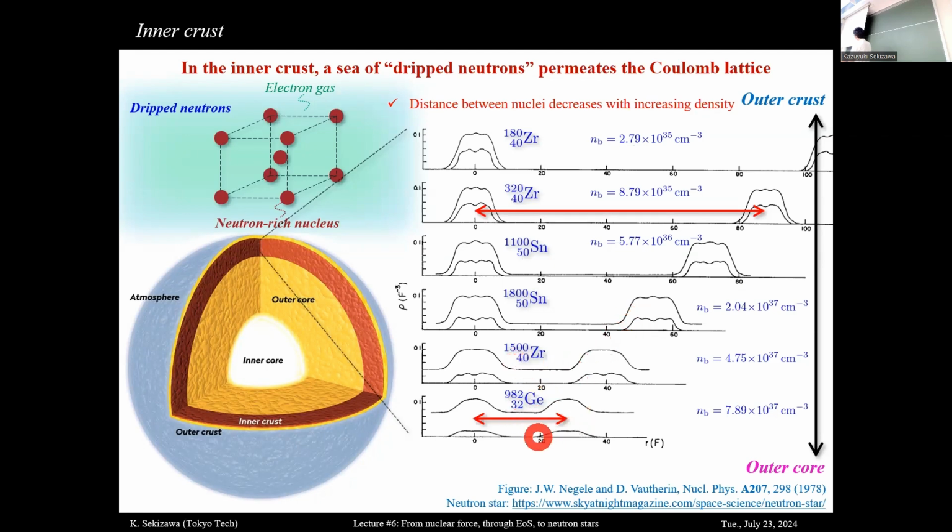And this cluster, or nucleus, is somehow melting. The surface becomes more and more diffuse as we go deeper inside the inner crust. Eventually it becomes uniform in the outer core region.